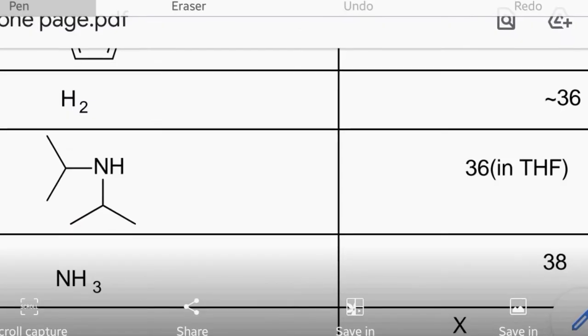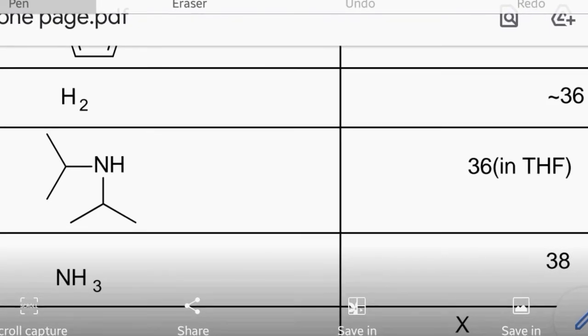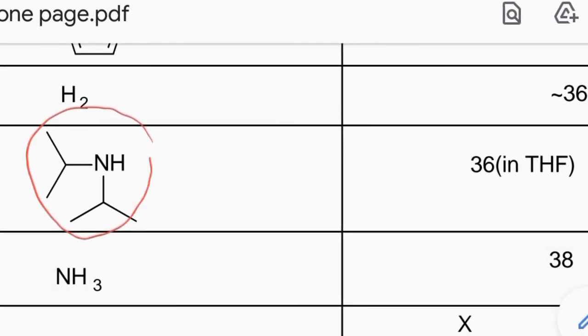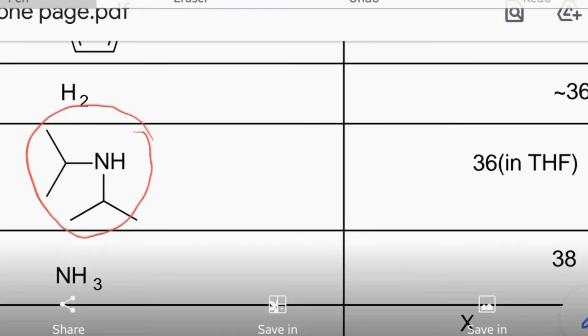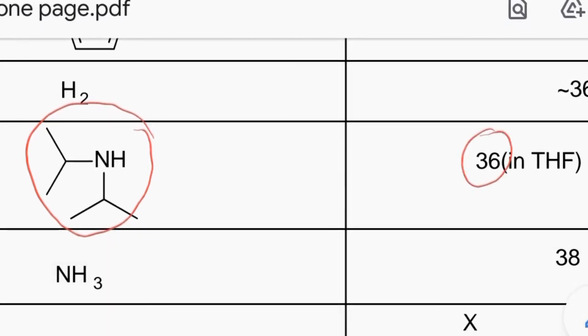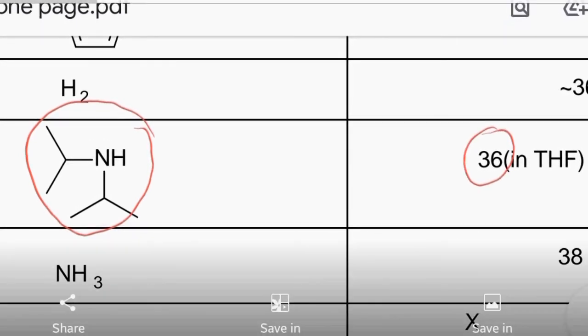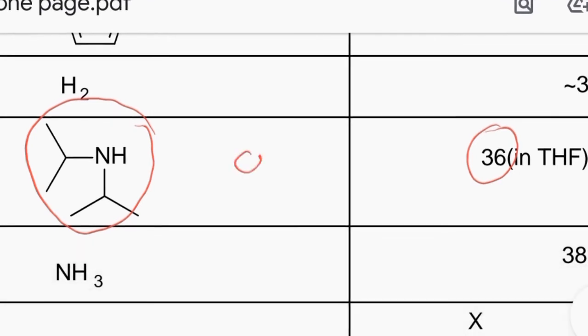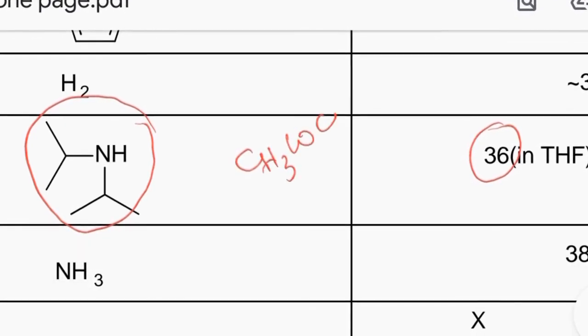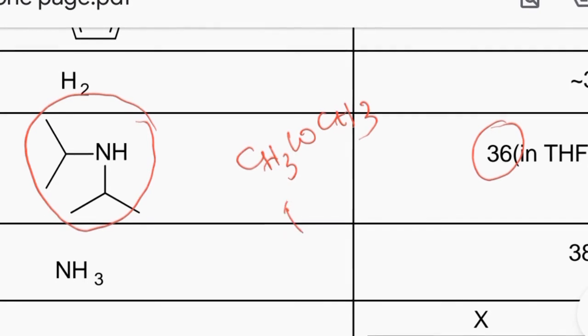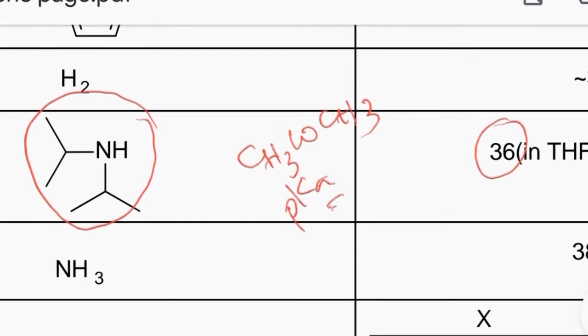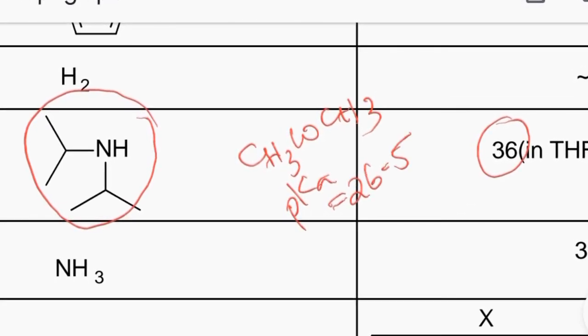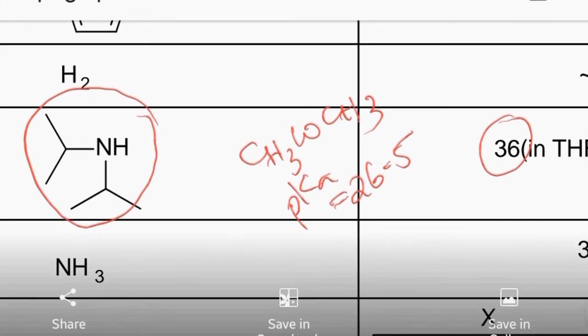For example, one can use diisopropylamide, whose conjugate acid has a pKa of 36, for the deprotonation of acetone. For that the pKa value is 26.5, in such a way that the equilibrium will be almost exclusively towards enolates.